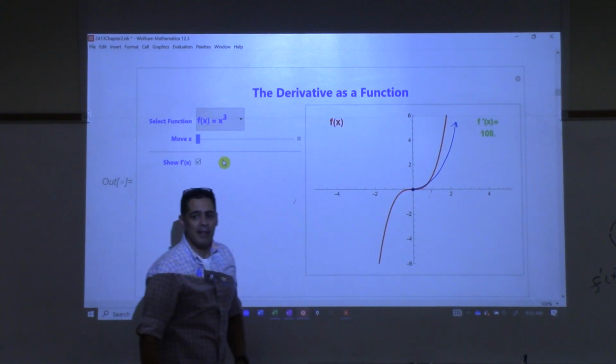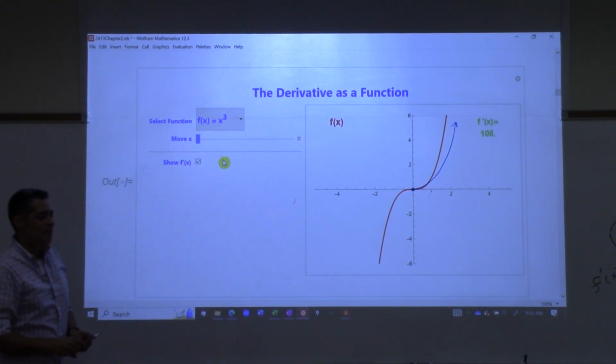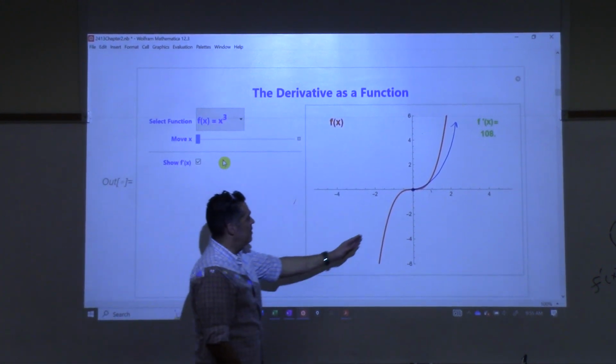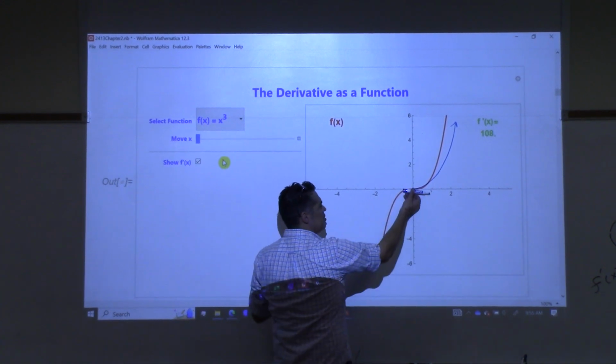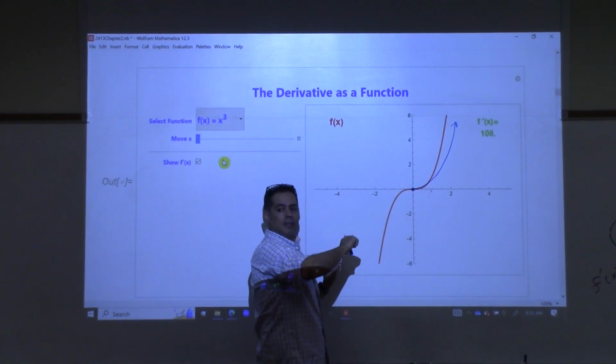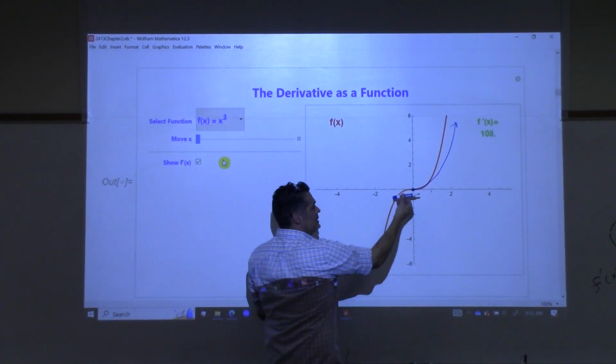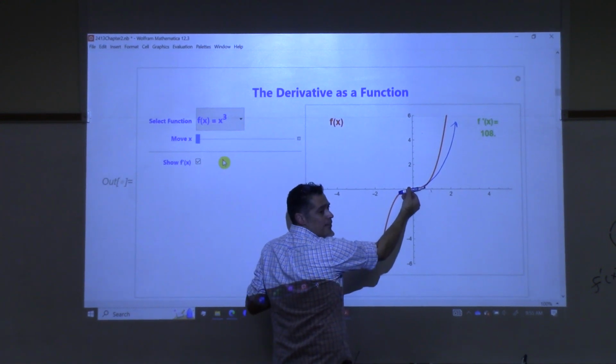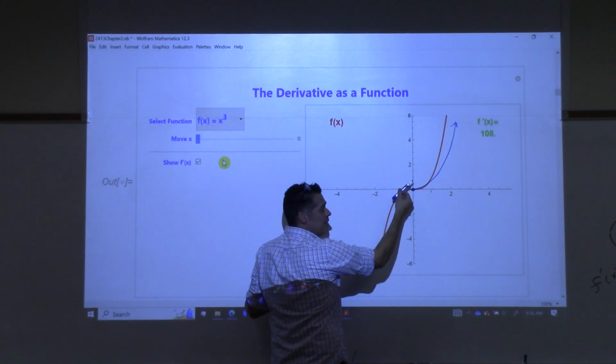Who wants to tell me the other side? What's happening on the other side of this? And just do it by going backwards. If I were to go backwards, what's that derivative? What's that slope? If I start moving to the left a little bit, what do I got? It is steeper, right? But are these slopes positive or negative?